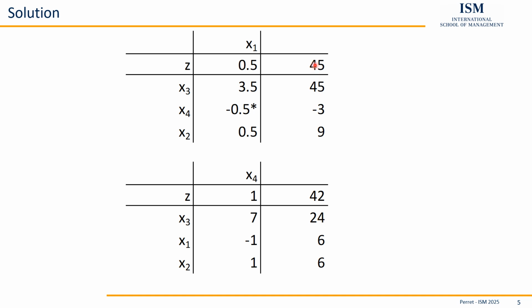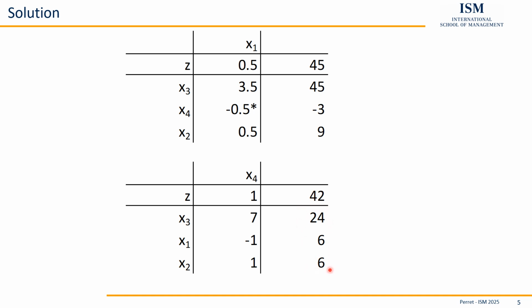Leaving me with this value up here. Here I'm using this rectangle, so 45 minus 1/2 times minus 3 divided by minus 0.5 will result in the end in 42. Well, now I can check again.